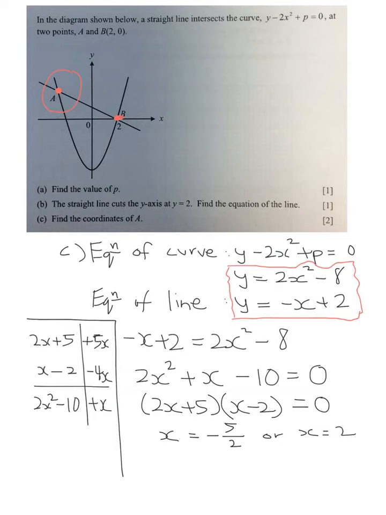You have to know that this x value over here is the same as this x value in the diagram, because this is one of the intersection points for the line and the curve, which also means that minus 5 over 2 is actually the x coordinate of point A.